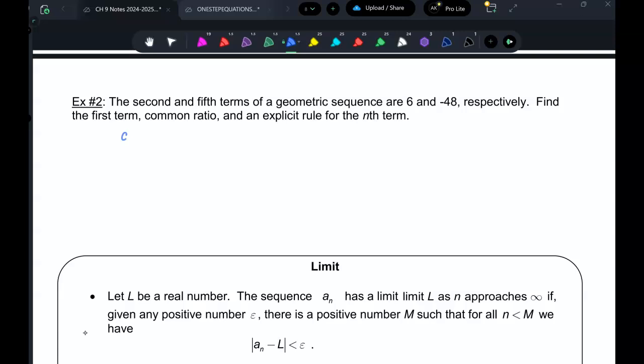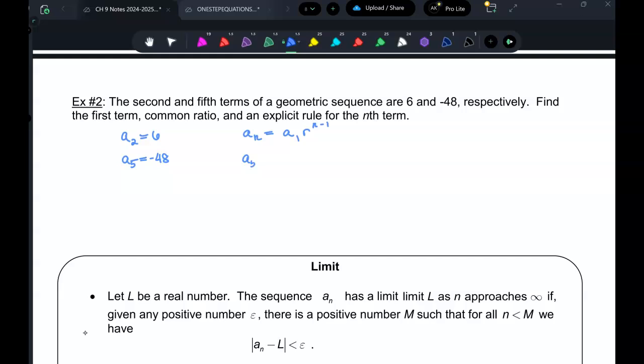Okay, the second term is 6 and the fifth term is -48. We want to come up with the first term, common ratio, and explicit rule. So we're going to revise the formula from the previous page, a sub 1 times r to the n minus 1, and rewrite it with our fifth and second terms.